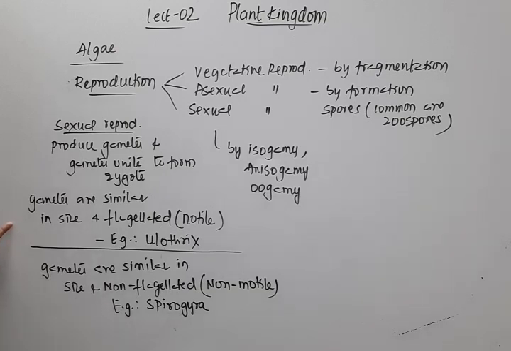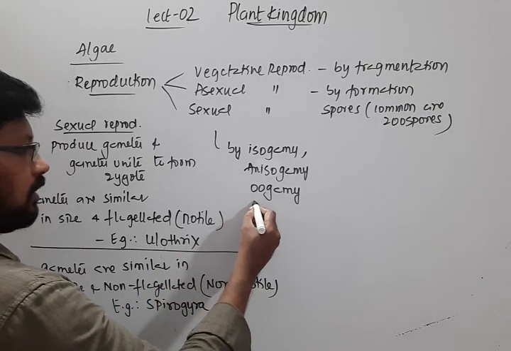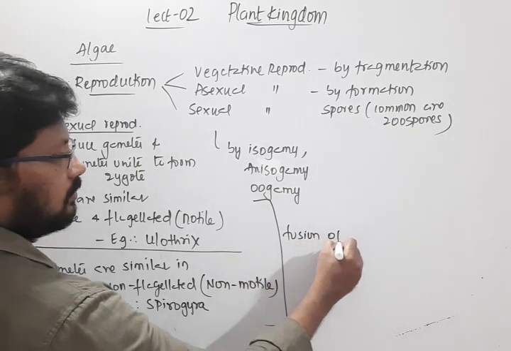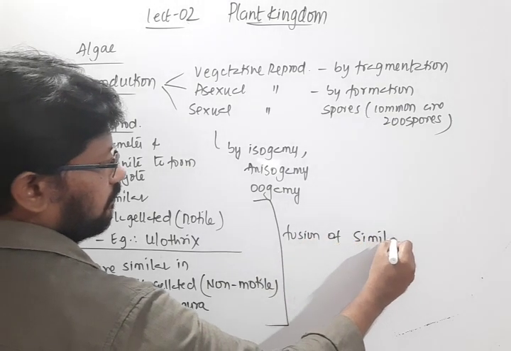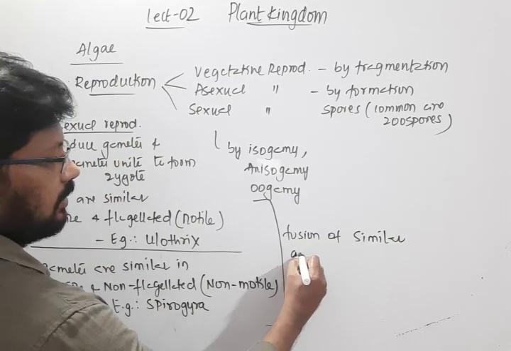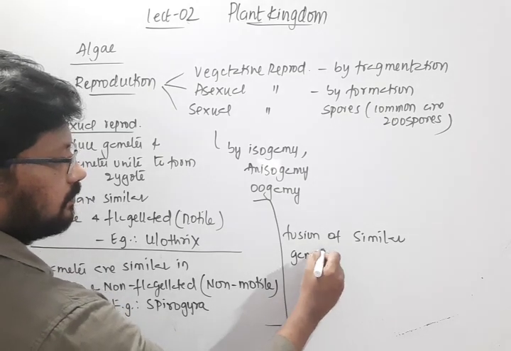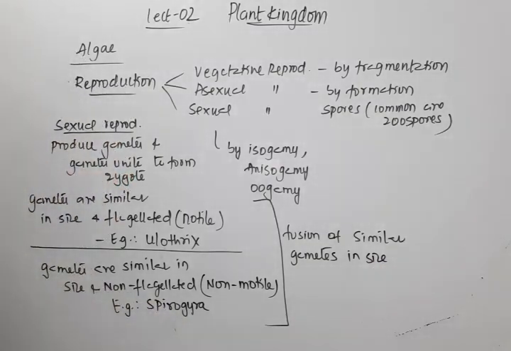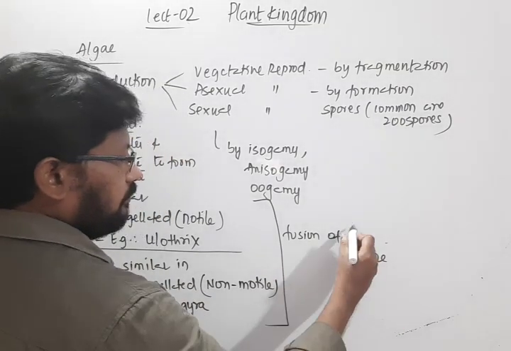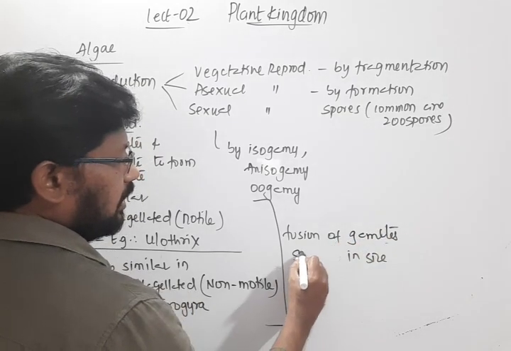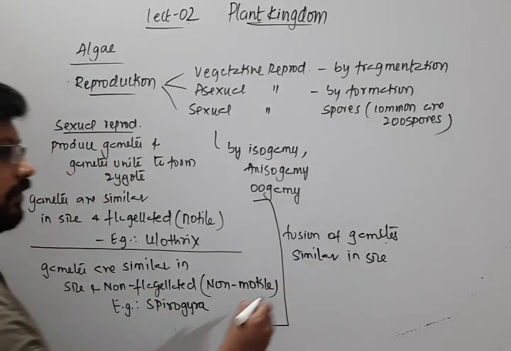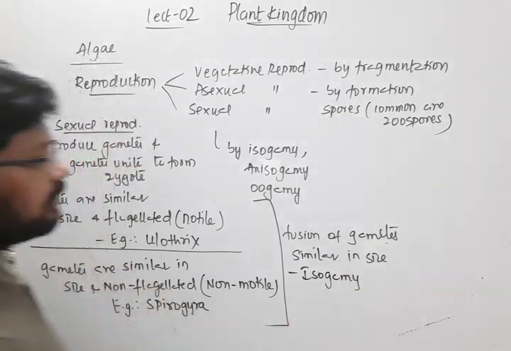In some cases the gametes will be similar in size and flagellated, like in Ulothrix, and in other cases similar in size and non-flagellated, like in Spirogyra. So the fusion of gametes similar in size is what we call isogamy.